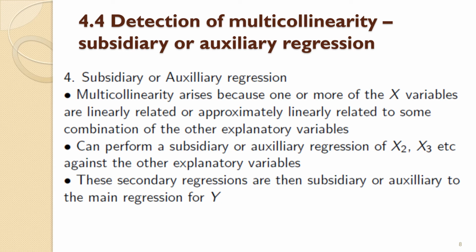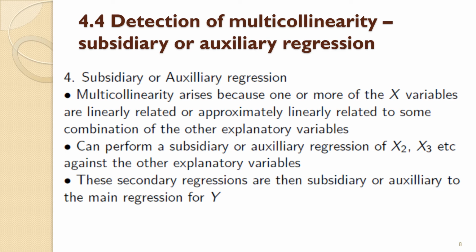These regressions that you run play second fiddle, so they're literally subsidiary or auxiliary to the main regression that you run. And the suggestion would be that if you get high R-squared values from these subsidiary or auxiliary regressions, then this would indicate multicollinearity.